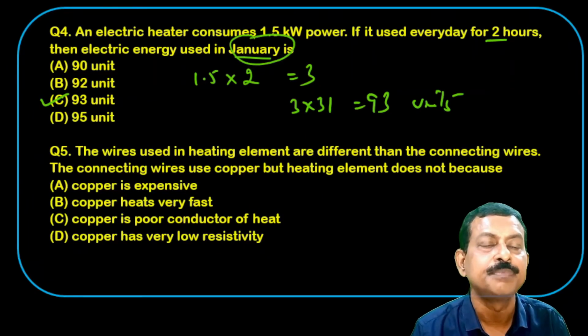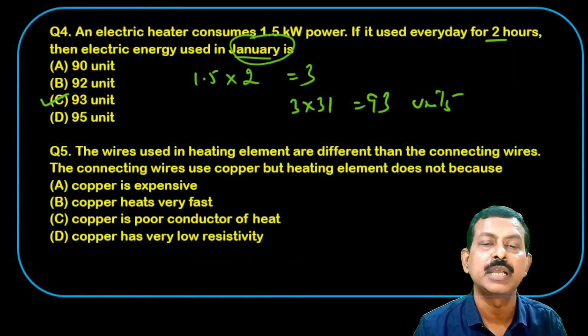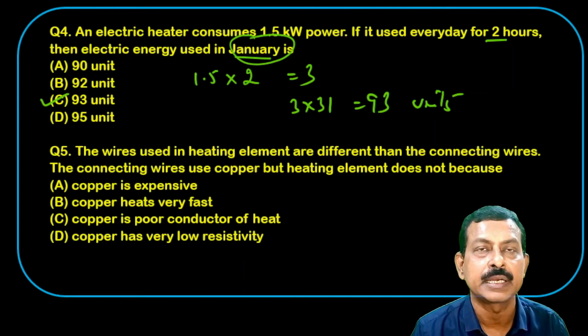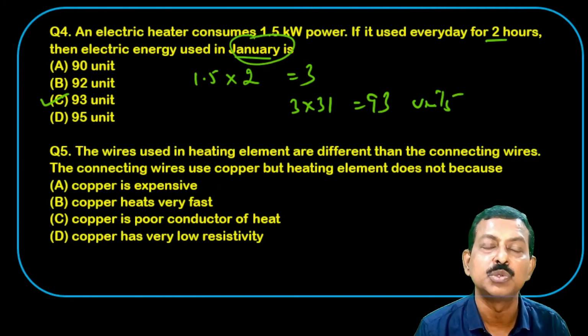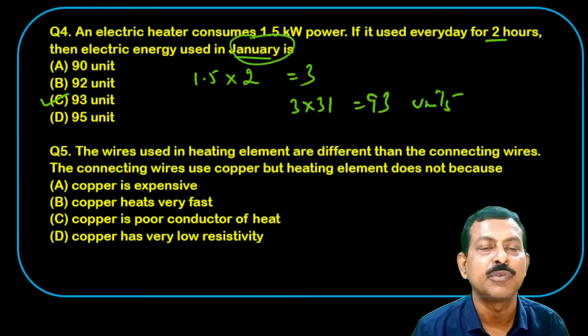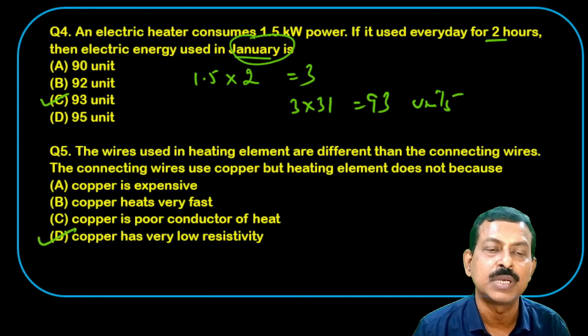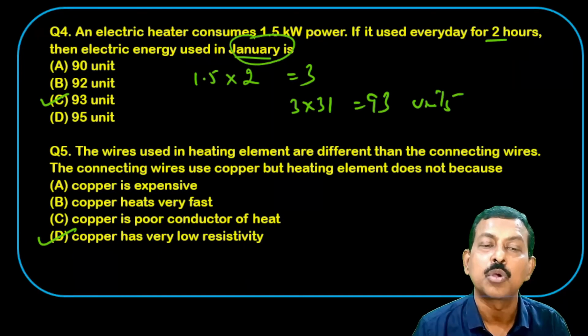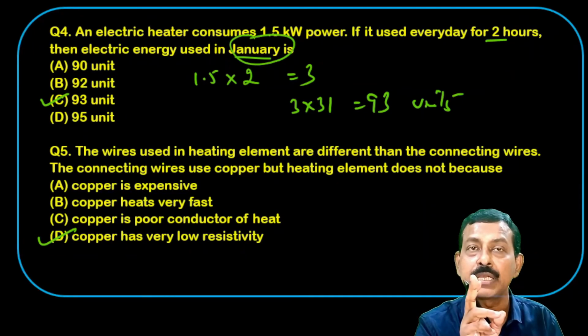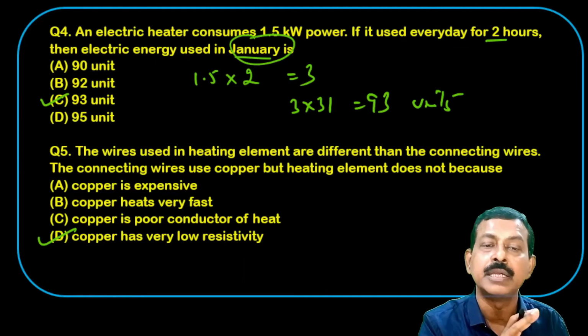Let's take next question. The wires used in heating elements are different than the connecting wires. The connecting wires use copper, but heating elements do not, because: copper is expensive; copper heats very fast; copper is a poor conductor of heat; copper has low resistivity. So this one is the correct one. Copper is expensive, remember, you are comparing it with the heating elements.